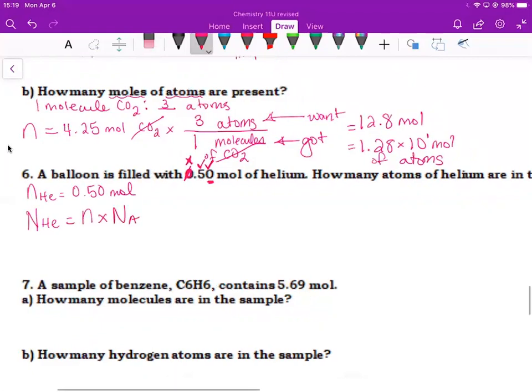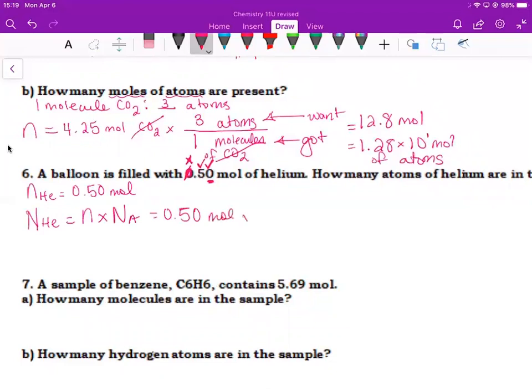So I get 0.50 mole times 6.02 times 10 to the 23 atoms per mole. I'm able to cross this out, and half of 6.02 is 3.01 times 10 to the 23 atoms of helium.